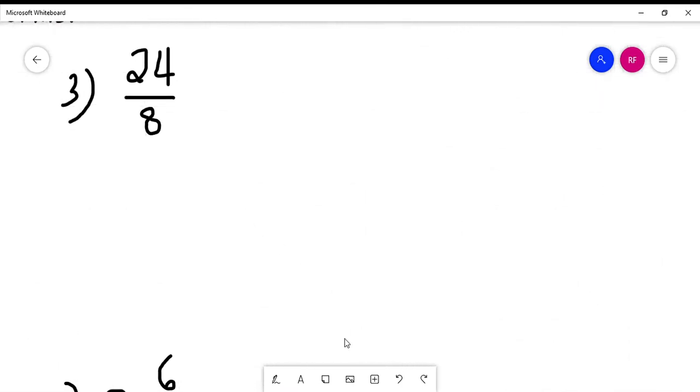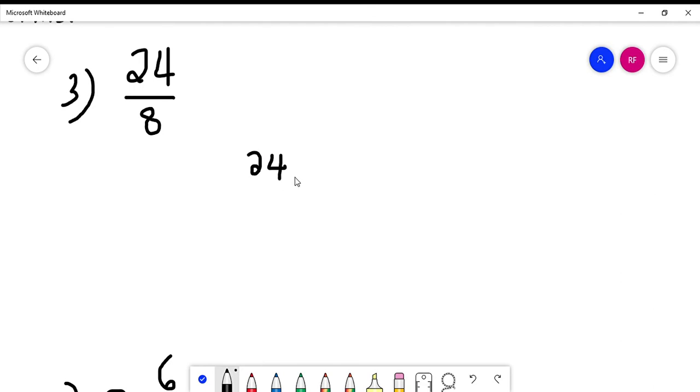24 eighths. Like I said, you can divide both numbers by the number that you think is good for them. For example, you think of 8. We can divide 24 and 8 by 8. So 24 divided by 8 is 3, and 8 divided by 8 is 1.